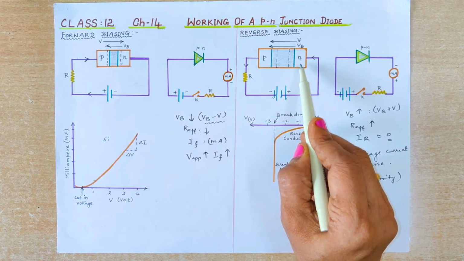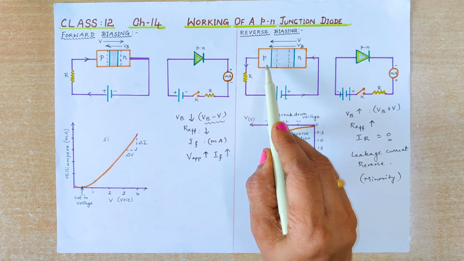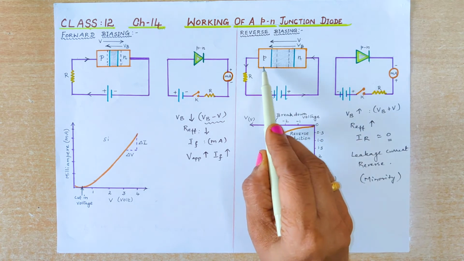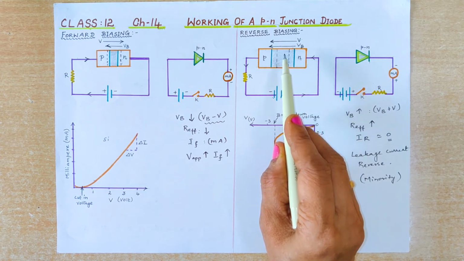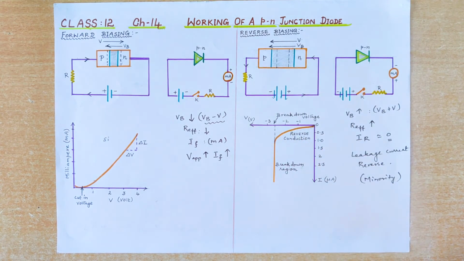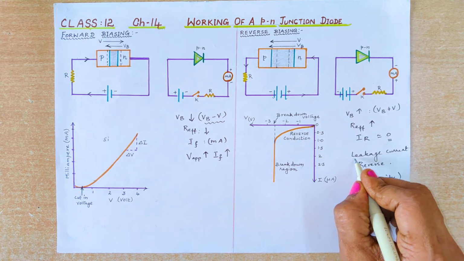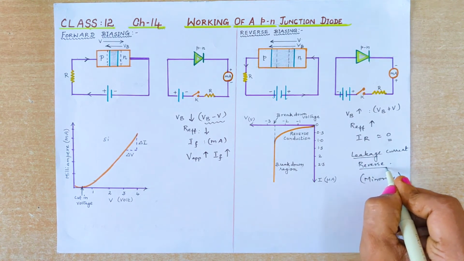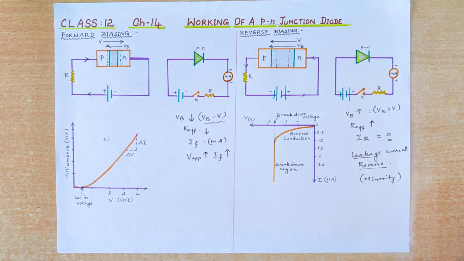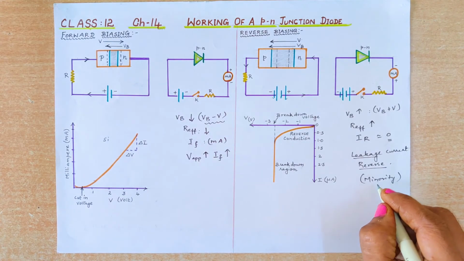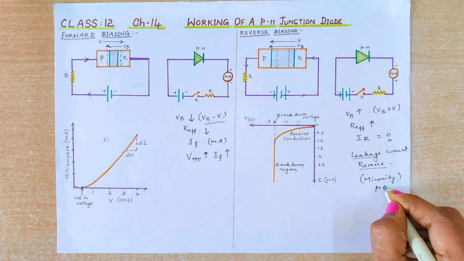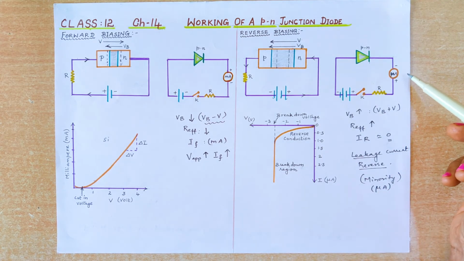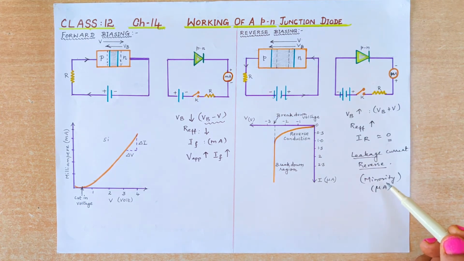These minority charge carriers start diffusing, pushed by the electric field which is set up. Hence leakage current or reverse current is always present, but the amount is very small, measured in microampere. You can see here a microammeter which is connected, which measures such a small flow of current.